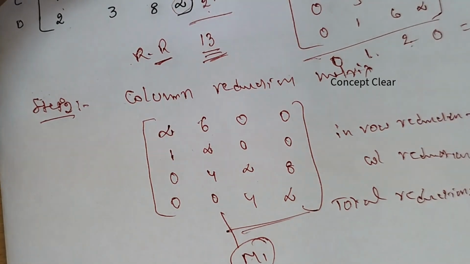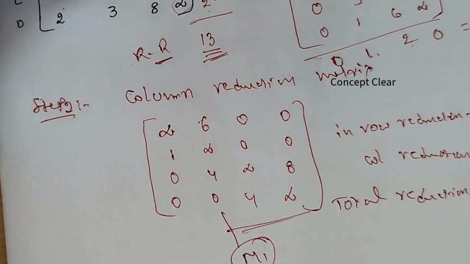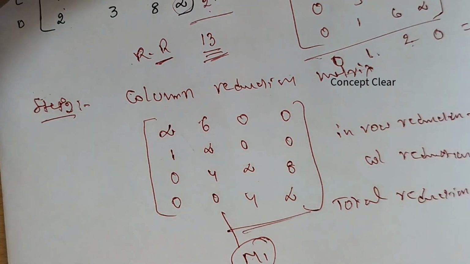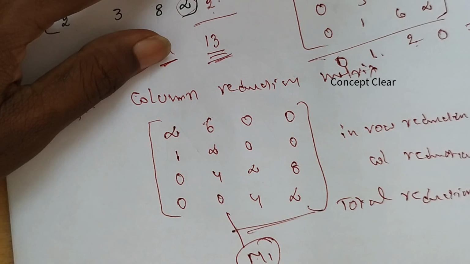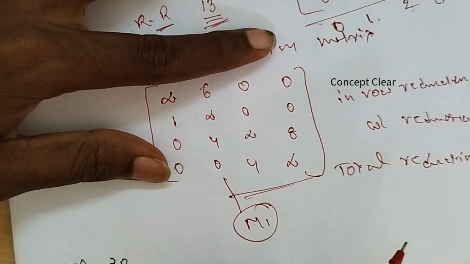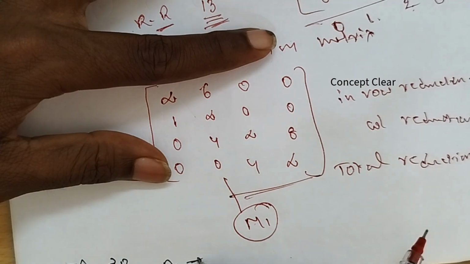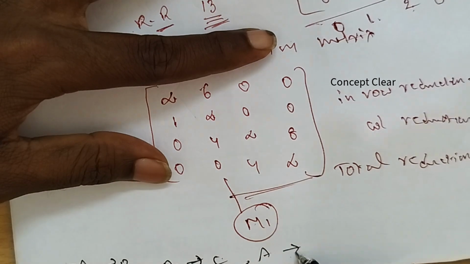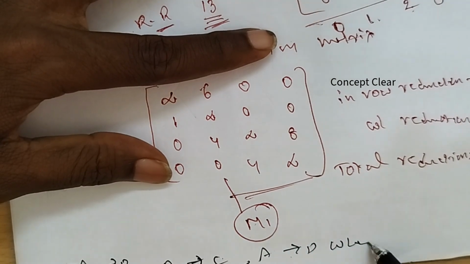From A, we have a chance to go either to B, or C, or D. So we go A to B, A to C, A to D. What is the cost?